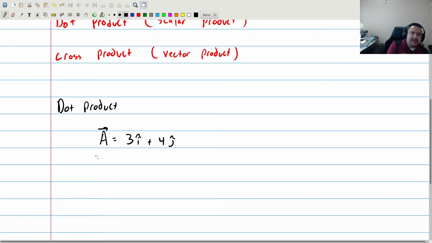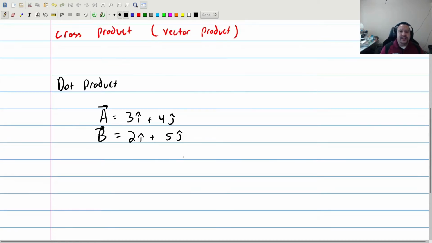And let's make B vector equal to 2i hat plus 5j hat. And we want to know what is the dot product of these two vectors.